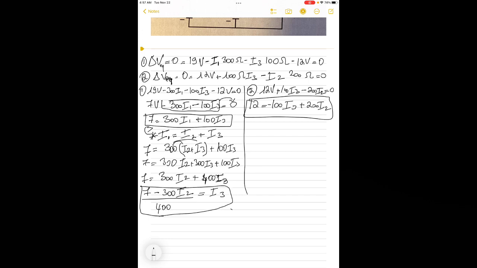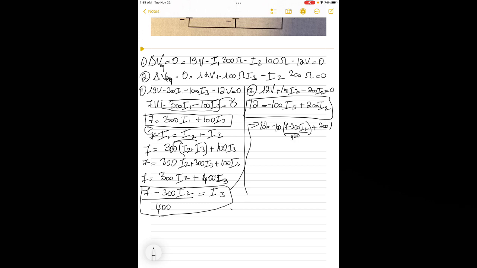We can use this I3 to replace it in this equation. That one is 12 equals minus 100 times the E3, and E3 we know is 7 minus 300 E2 divided by 400.